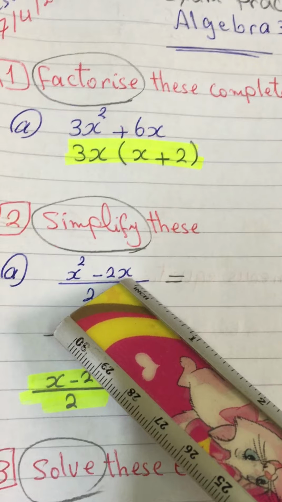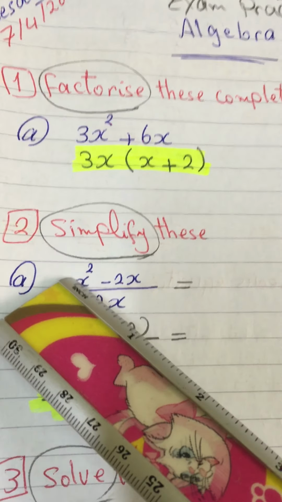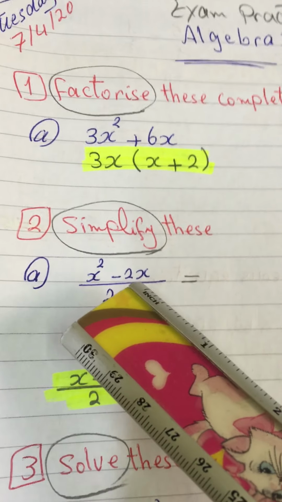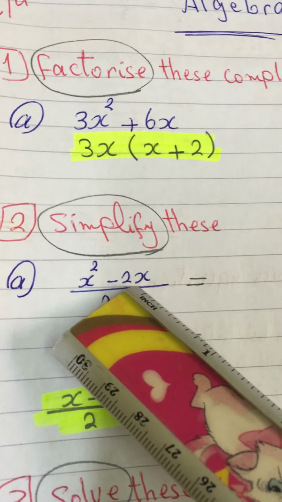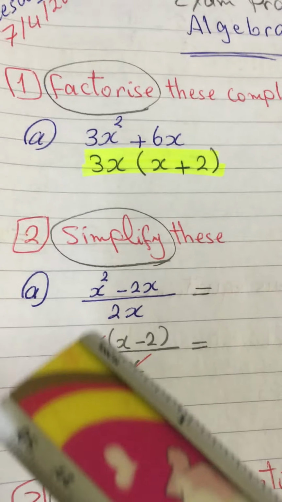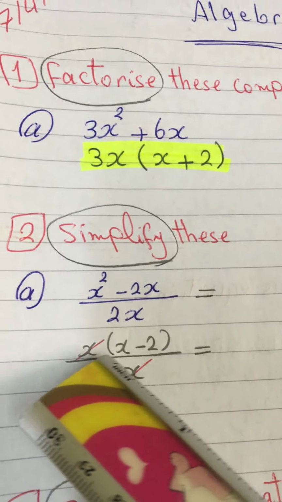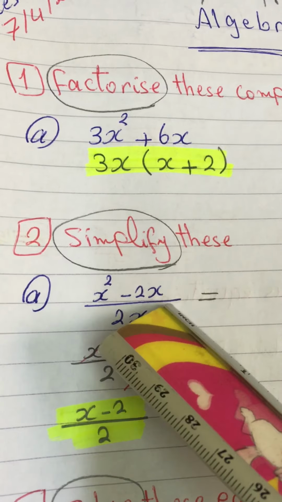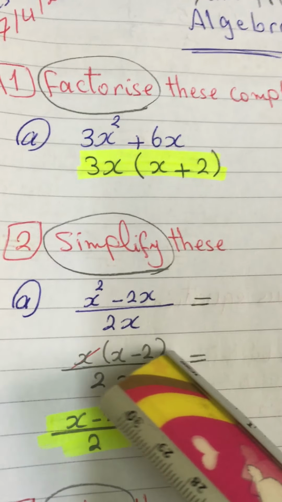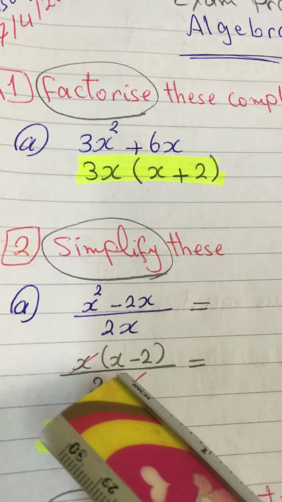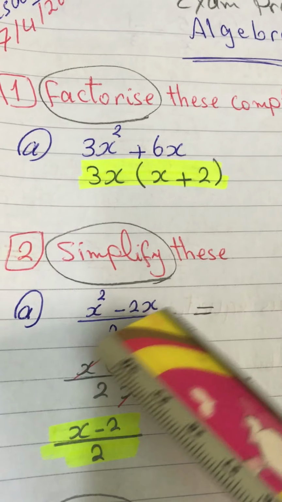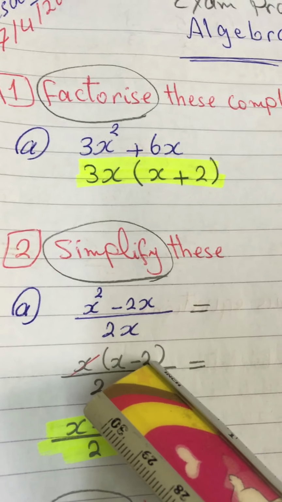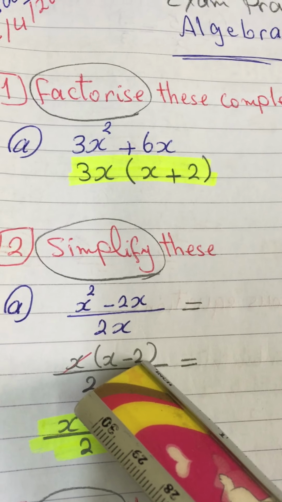I'll take the least power, just x. I don't have a number here, so I'll not take a common factor between the numbers. Now x squared, open brackets. I'll take x as a common factor, open brackets. X squared divided by x equals x. Negative 2x divided by x equals negative 2, because I'll cancel x with x, give me 1.